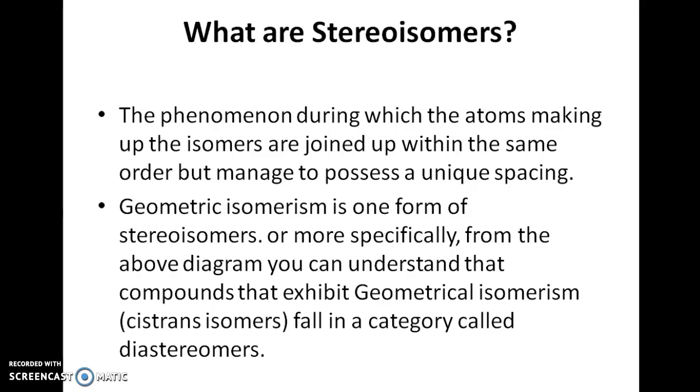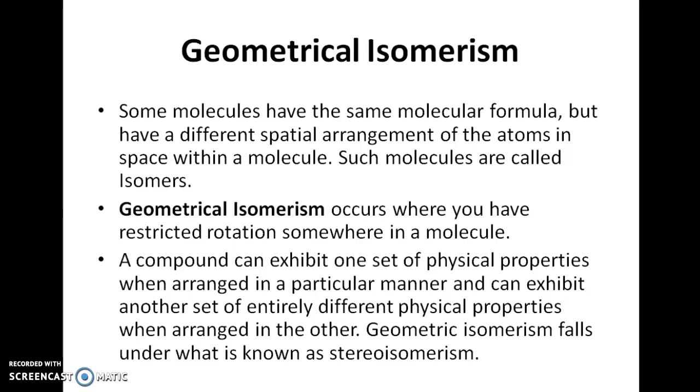So geometrical isomerism is one form of stereoisomerism, and from the above diagram we can understand that most compounds exhibit geometrical isomerism, also called cis-trans isomerism, which falls under the category of diastereomers. Some molecules have the same molecular formula but a different spatial arrangement of atoms within the same molecule. We know these are called isomers.